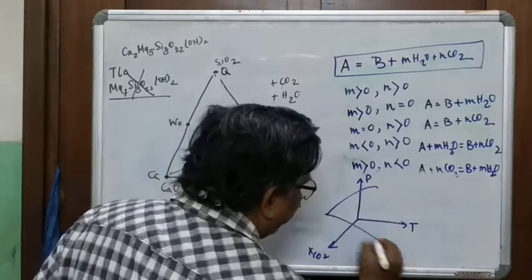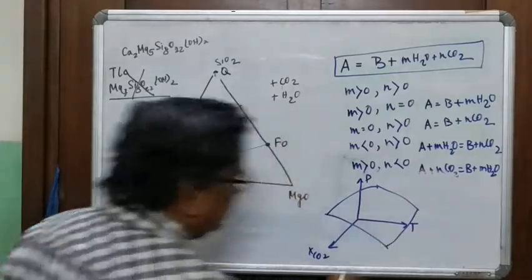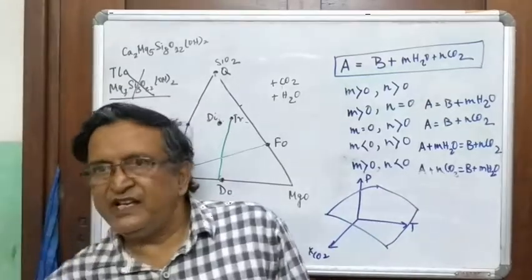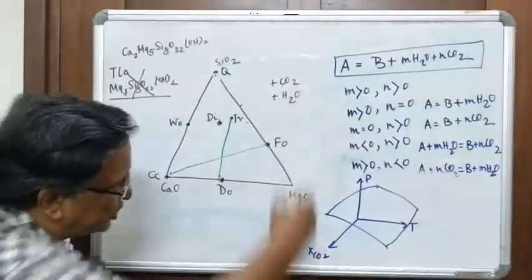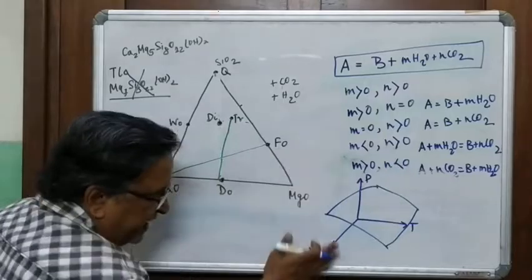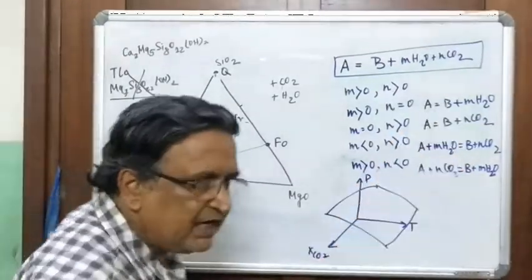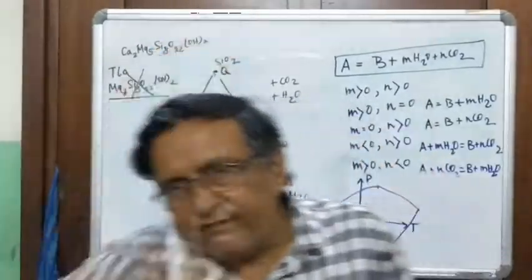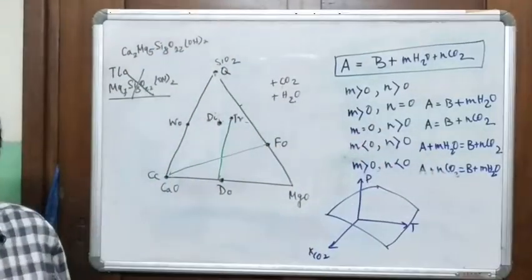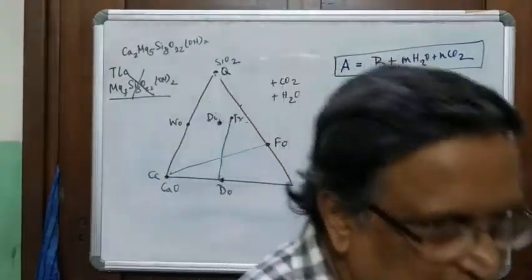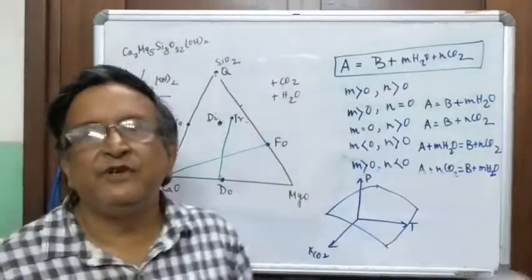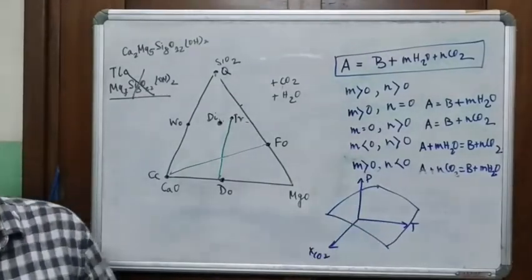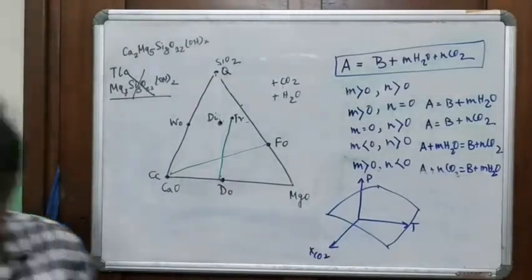This is a surface, so the reaction is essentially a surface, and you're cutting it with a PT plane, PXCO2 or TXCO2 plane. It will give you different intersections when you extend the plane and it cuts the surface. So all these reactions that you're studying are essentially three-dimensional, occupying a three-dimensional space. Right? Okay.